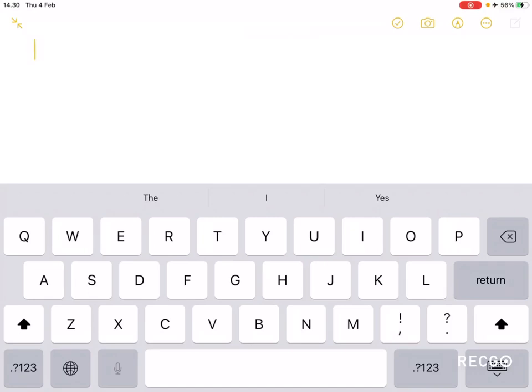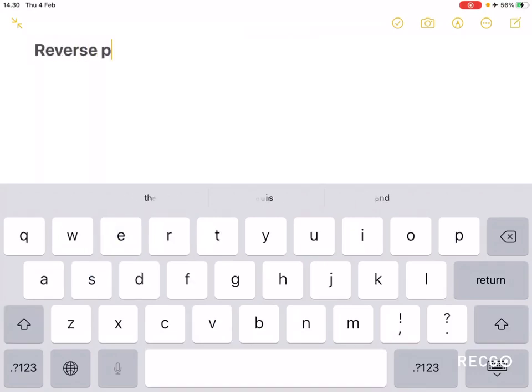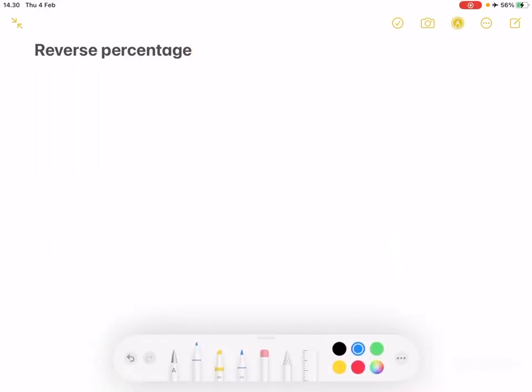So reverse percentage. Reverse percentage is just basically the opposite of the last type of question that I showed you.